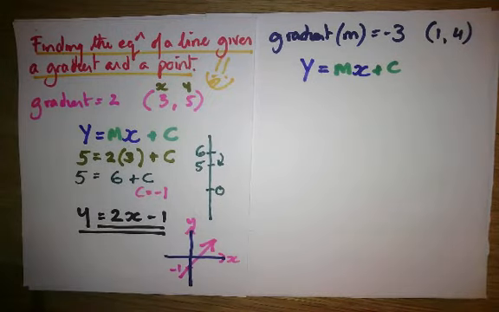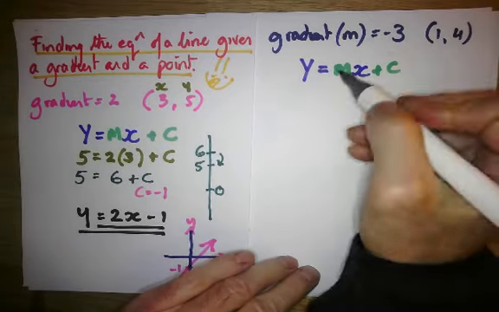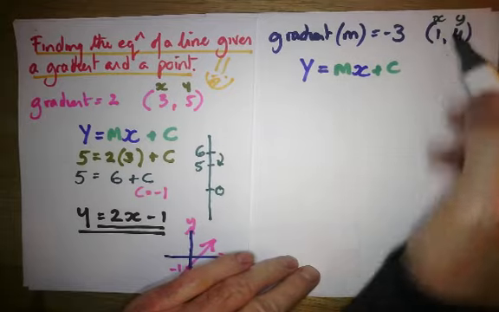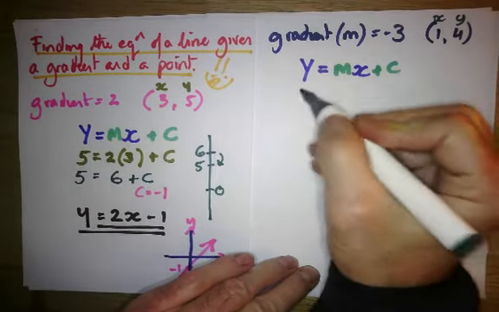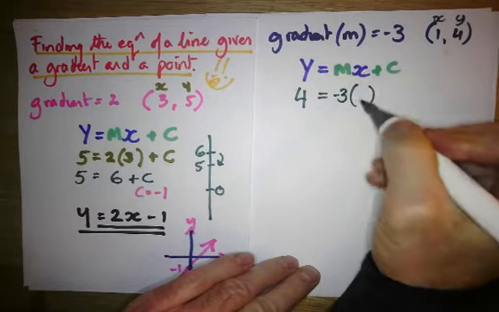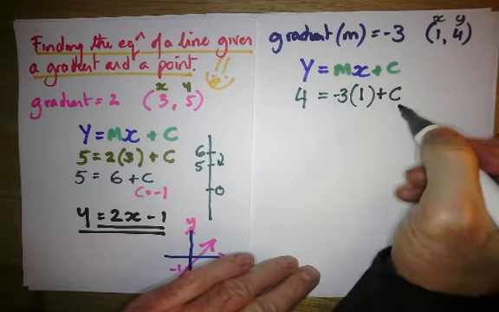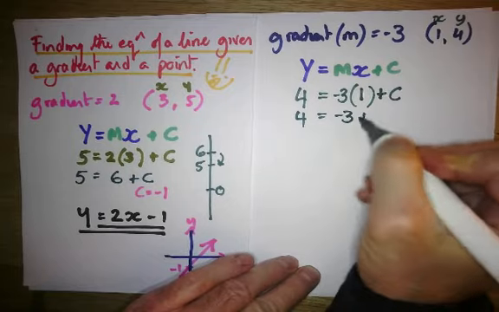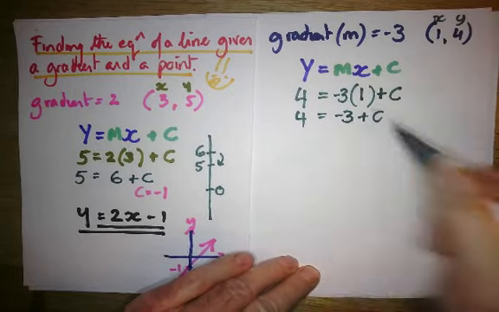And so let's drop in what I've got here. I know my m value is negative 3, and don't forget that's my x, that's my y. So my y is there, my m is negative 3, bracket, my x is 1, plus c. Let's multiply that out and you get negative 3 plus c.